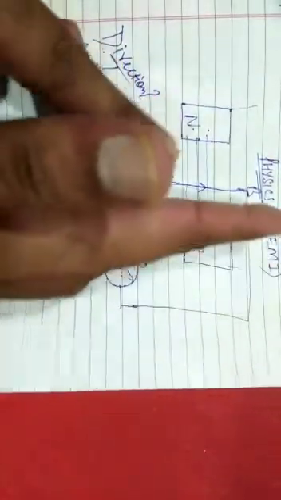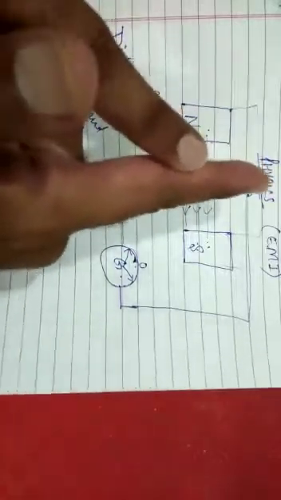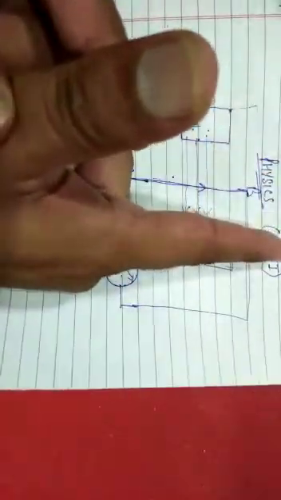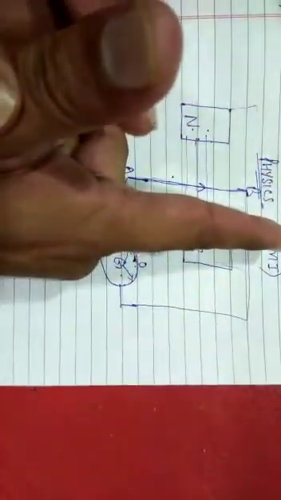Now what you have to do? Just like over there, where we took father, mother and child, C, child, stands for current here also. M, mother, is the magnetic field. But here it is not the father, it is motion. For example, if the motion is upward, it means you are moving this conductor in the upward direction.